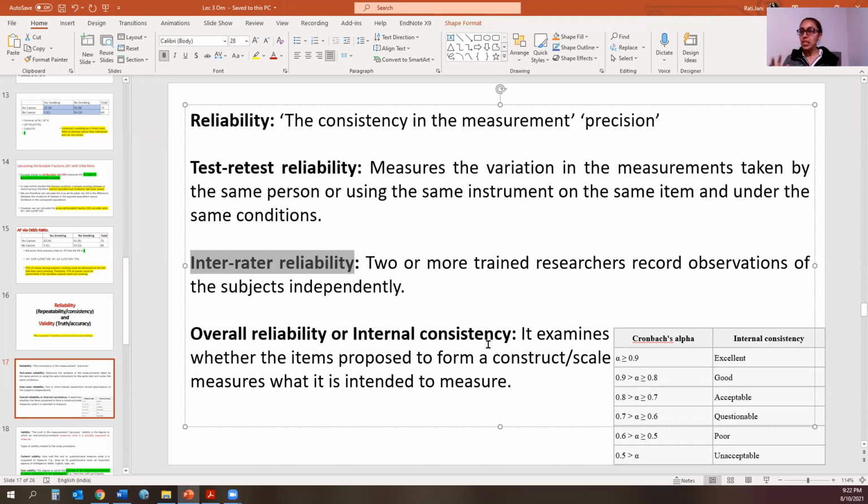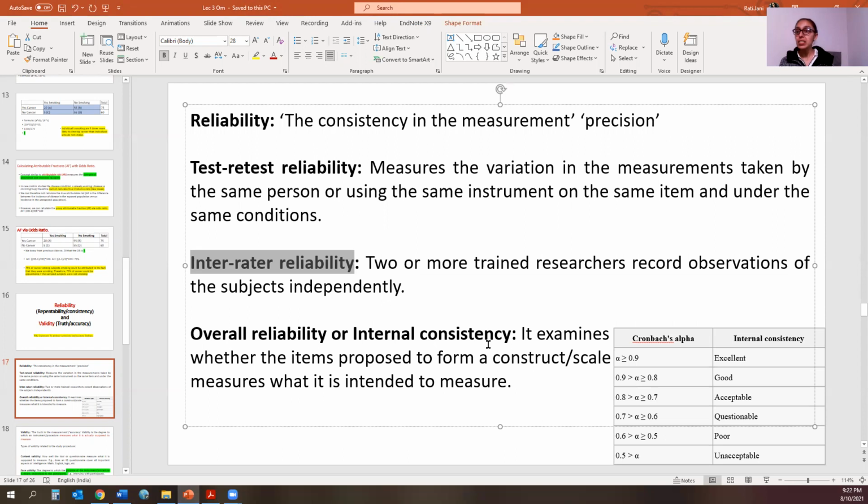Whereas she may say that 7 of the 10 children did not like broccoli, but 3 of them loved it and ate all of the broccoli on the plate. To minimize these discrepancies, you may have 2 trained researcher colleagues doing the observations on the sample population. This is inter-rater reliability.